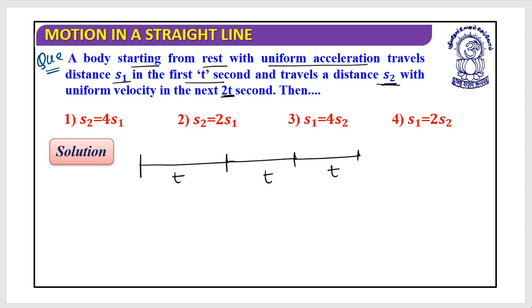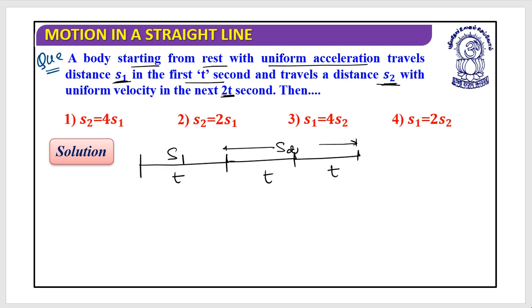So this is the distance s1, and the distance traveled with uniform velocity in the next 2t seconds is s2. Now I need to relate these. How could I do this? Pause the video and try it. Once you are back, I will be here.